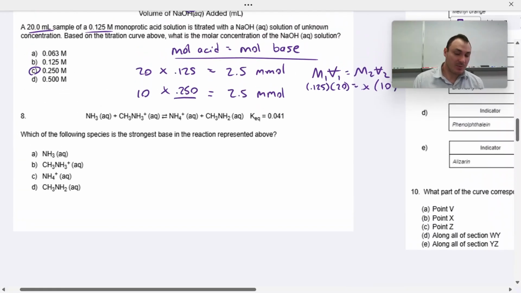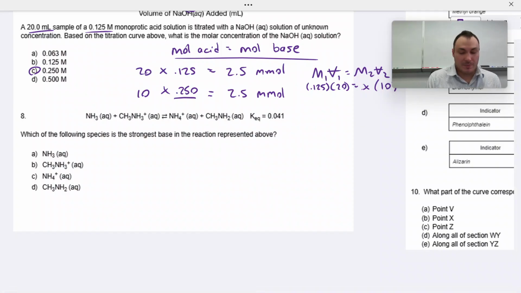Which of the following species is the strongest base in the reaction represented above? Picking the strongest base, just looking at a reaction, strong things do not form. Strong things ionize, strong things dissociate, reactions go away from strong things. So whichever base is stronger is going to be the one that the reaction is moving away from.